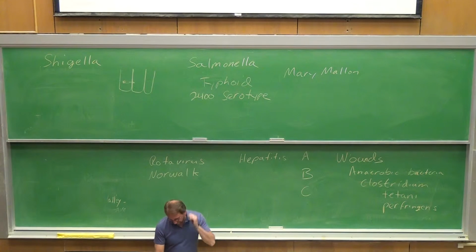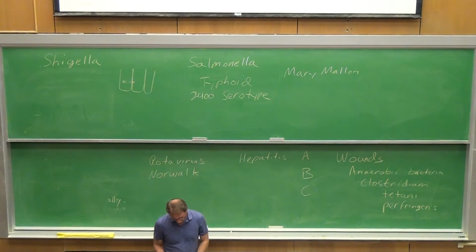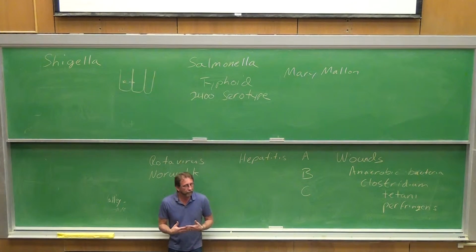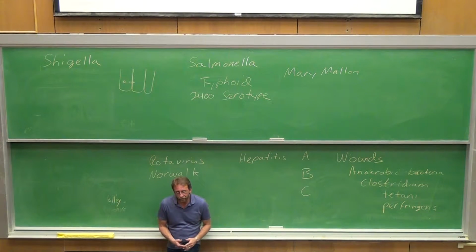So that brings us to antimicrobials. A couple of things that we want to keep in mind with regards to these. First, we're talking about chemicals now. Chemotherapeutic agents. Many of these are produced by bacteria.